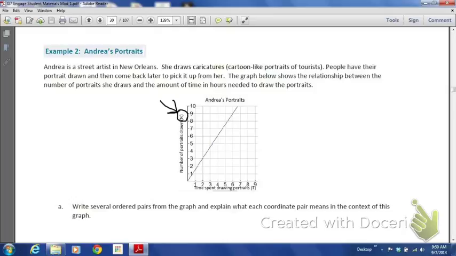They have number of portraits drawn as n, and time spent as t. Okay, so we'll go ahead and let you do numbers or letters A through C. Pause now and do that, and come back, and we'll just quickly check over your answers.